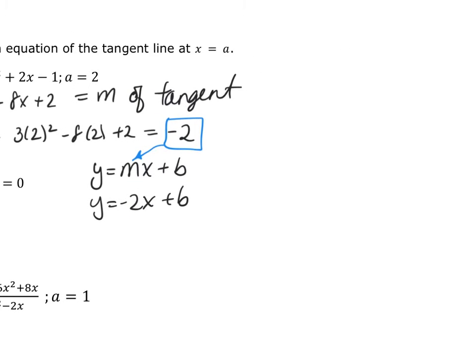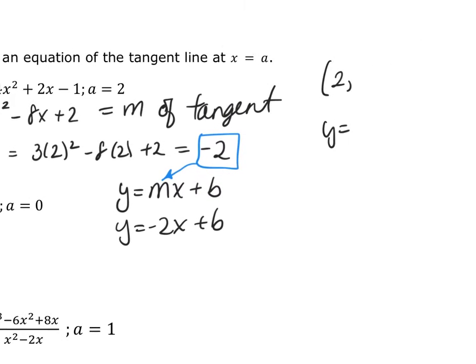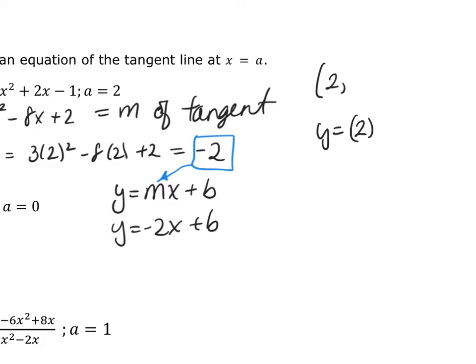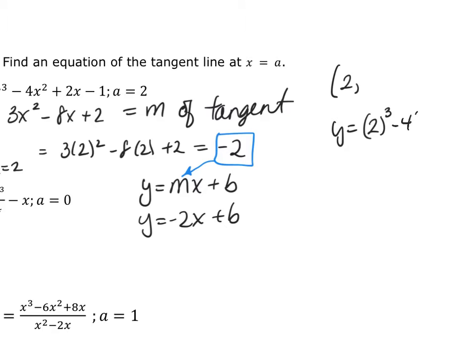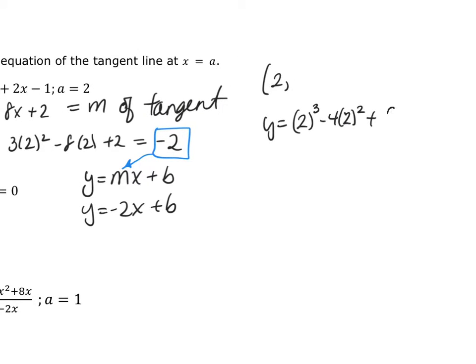Okay, so if I have the x value and I have a function, how do I find the y value? I plug it into the function. So we need to find y. y is equal to, I'm going to put 2 into my original function, so 2 cubed, plus or minus 2 squared plus 2 times 2 minus 1.